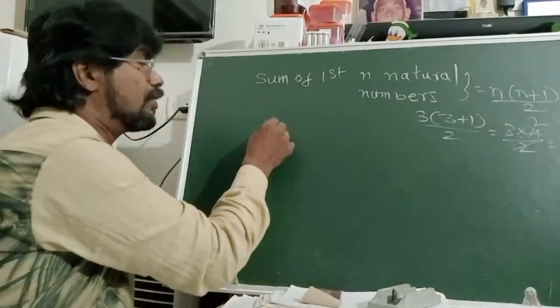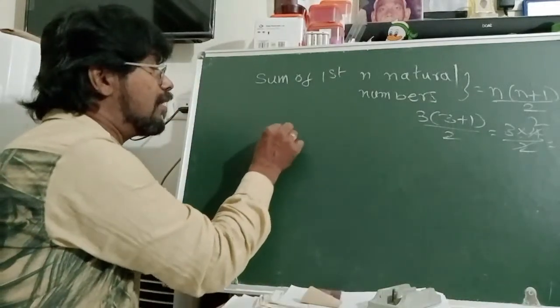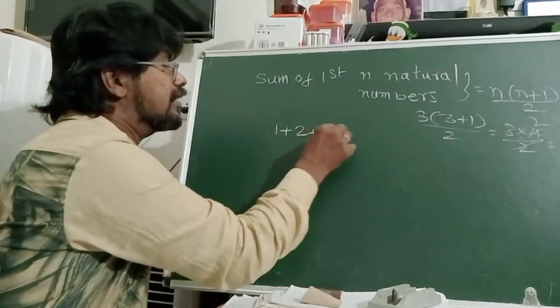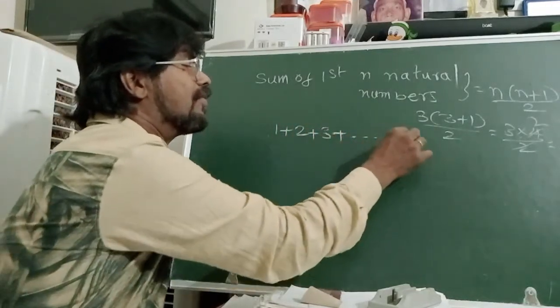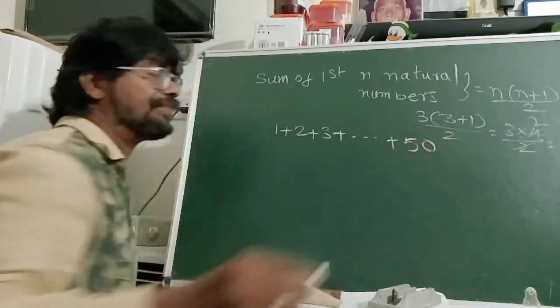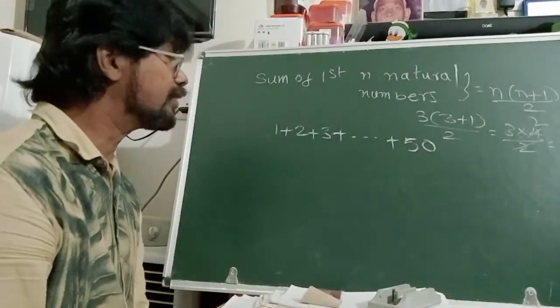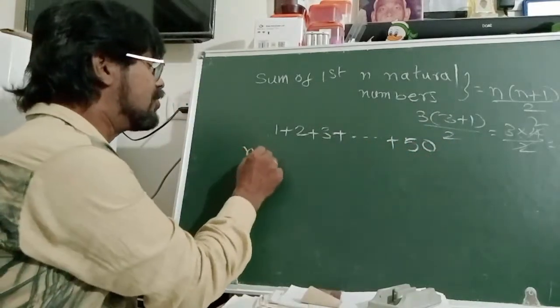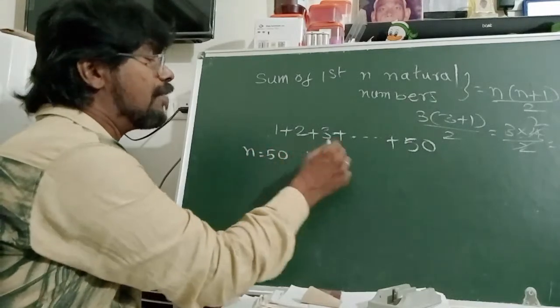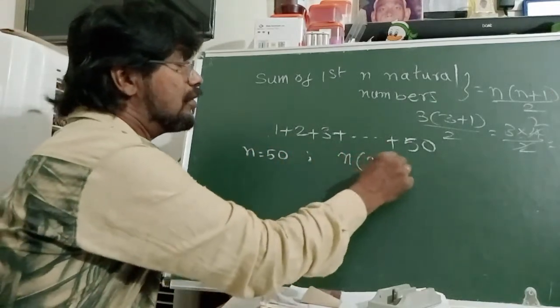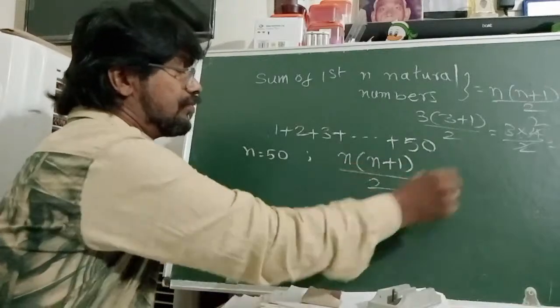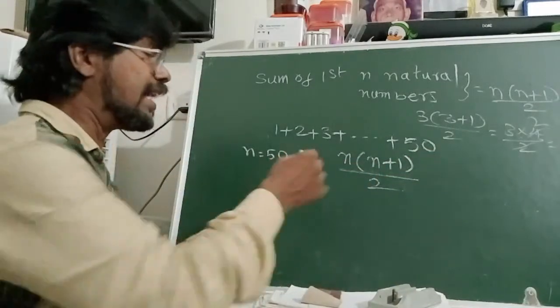Here 1 plus 2 plus 3 plus so on, I gave up to 50. Now here n is equal to 50. Formula n into n plus 1 by 2, where n is the natural number.